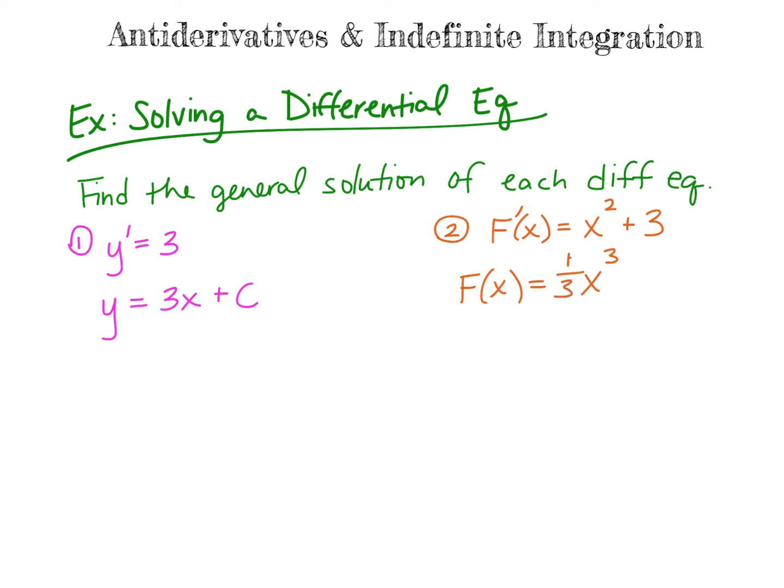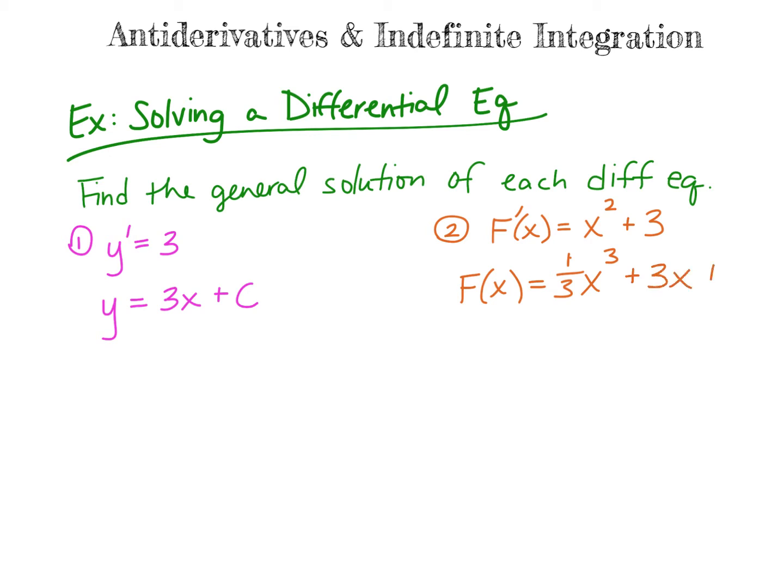Let's check by taking the derivative of 1/3 x cubed. When we take the derivative of this using the power rule, the 3 times the 1/3 cancels to 1, and then we do x squared. So this works. The next term we want to antiderive or integrate is 3. We already did that over here. The antiderivative of 3 is 3x.